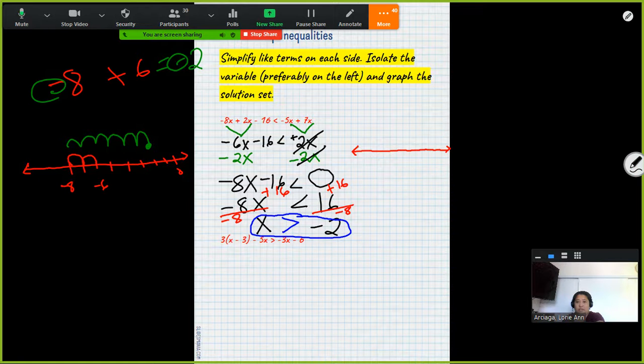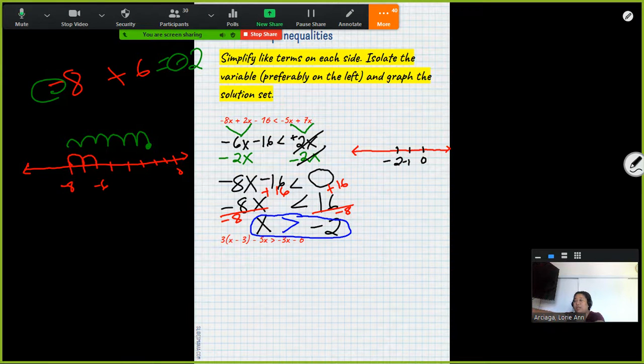So we want to show -2. So let's say this is 0. This is 1, negative. I'm skipping spaces, -2, so it doesn't look crowded. There. So how do you graph? The first thing you have to figure out is whether you will start with an open circle or a solid circle.